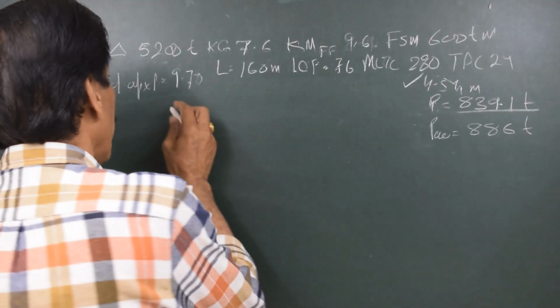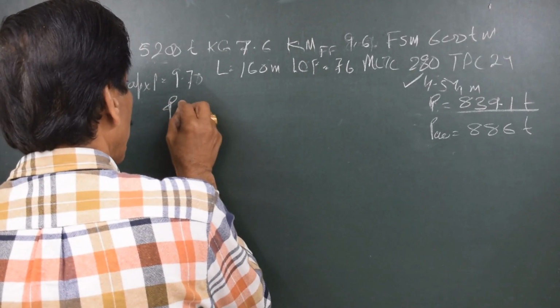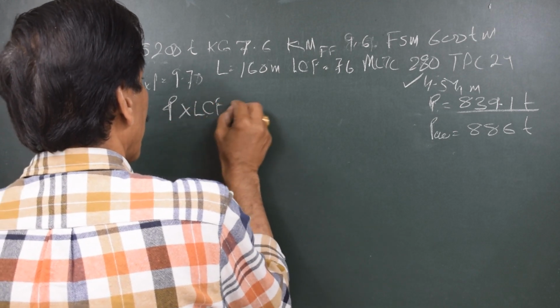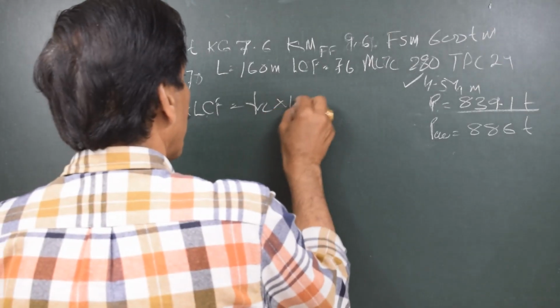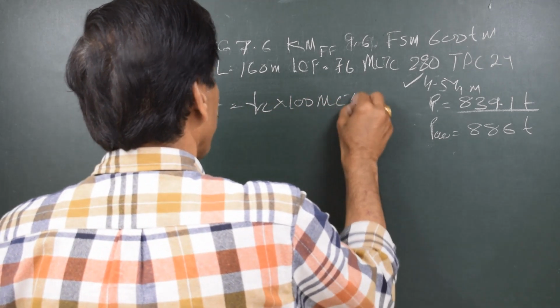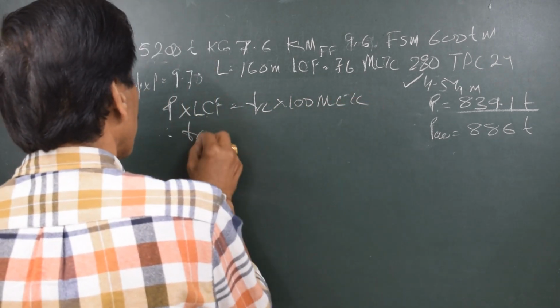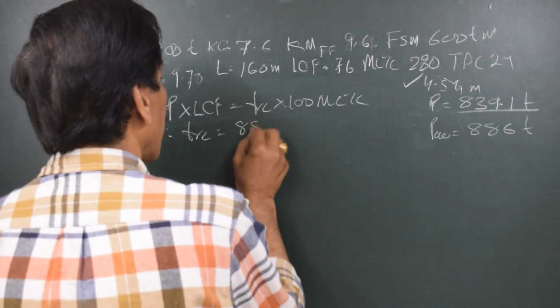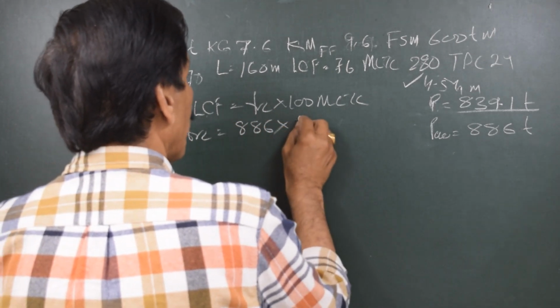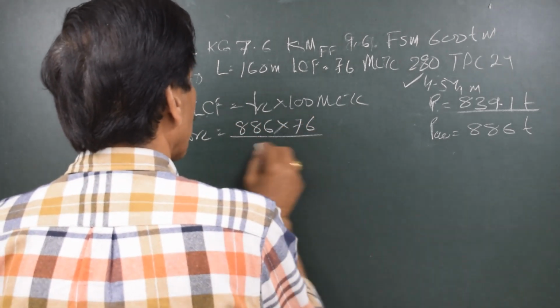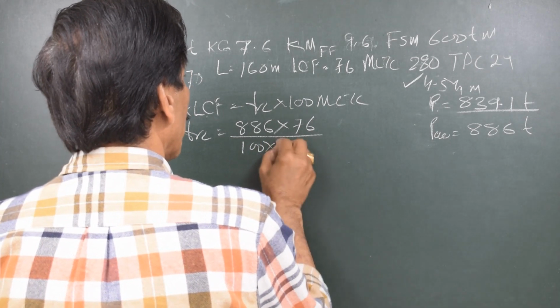We'll use the same equation which we have been missing, P into LCF is equal to trim change into 100 MCTC, and therefore trim change is equal to 886, that is P, multiplied by LCF 76 divided by 100 into MCTC.